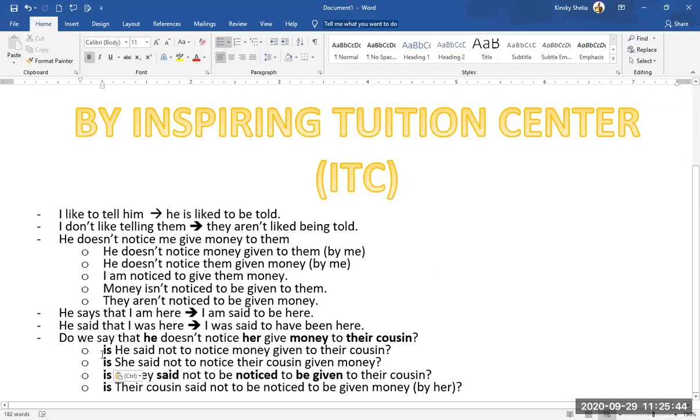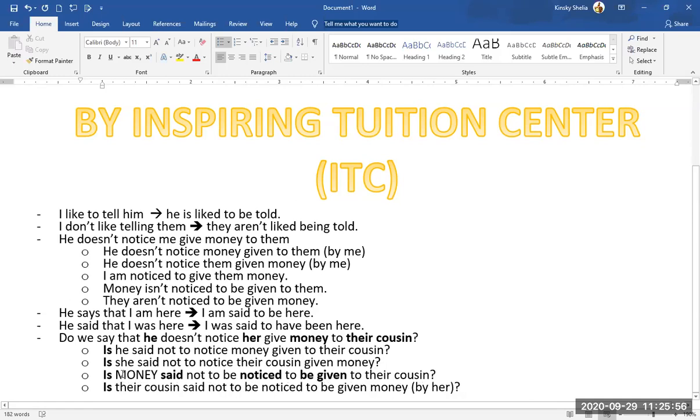So it becomes "is he said," "is she said," "is the money said." The "he" must be in lower case because it is not the first word of the sentence again, but an ordinary subject, which doesn't have to use a capital letter.